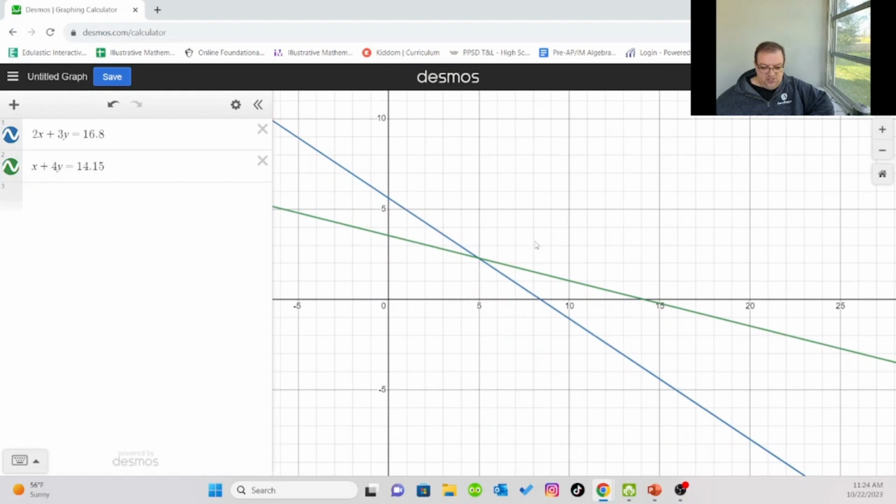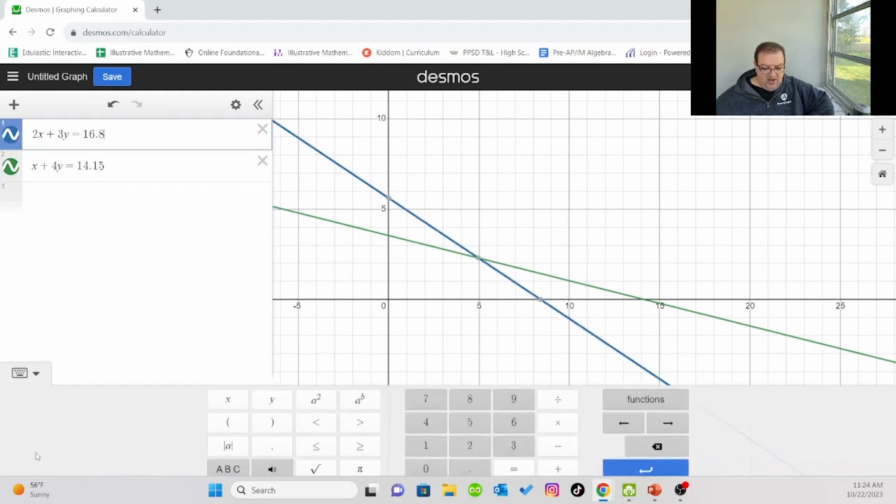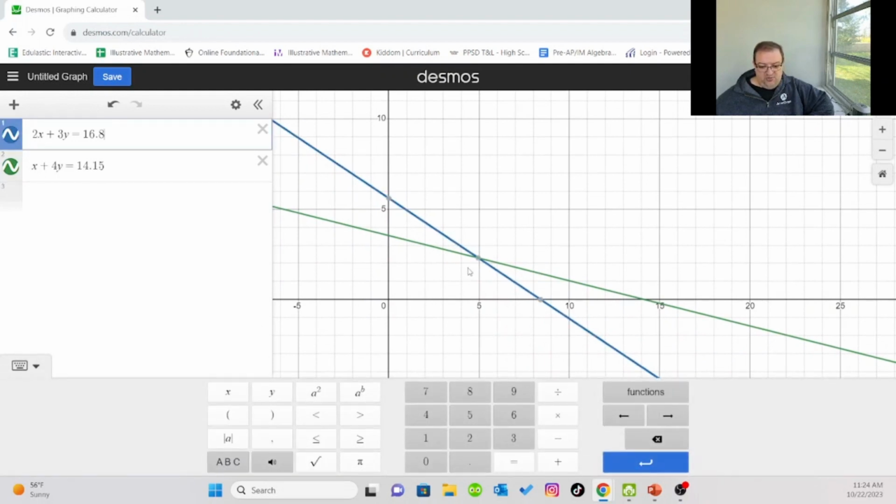The solution is where these two lines cross, which we can see is at 4.95 and 2.3.